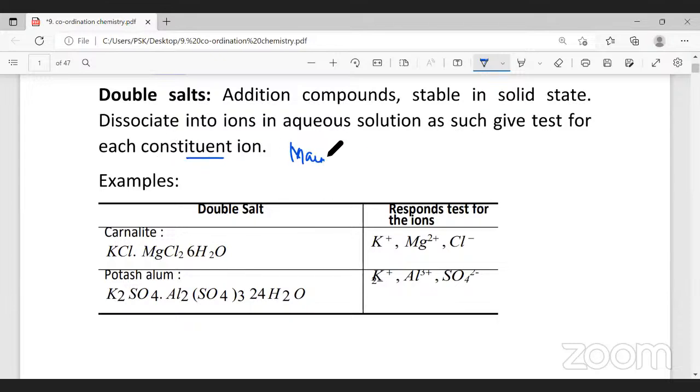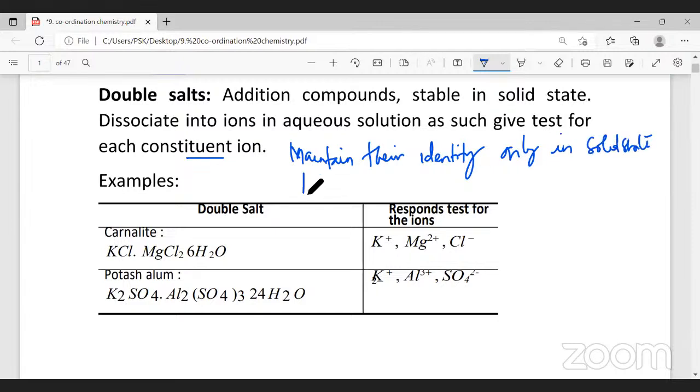A double salt maintains its identity only in the solid state, and in aqueous medium, it behaves like a simple salt. You can see carnallite is an example of a double salt.